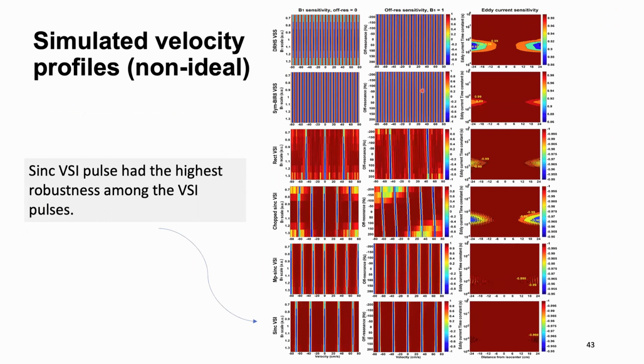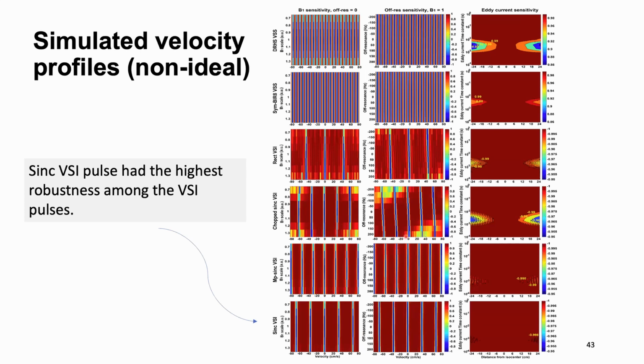Okay, so here's the big super colorful plot where we looked at all the different pulses, our velocity selective saturation ones, and then our Fourier transform VSI pulses. And we see that the sinc-based VSI pulse was really performing the best, with next to no eddy currents and very robust to off resonance and to the B1 scaling problem. So that was very nice, very convincing stuff.